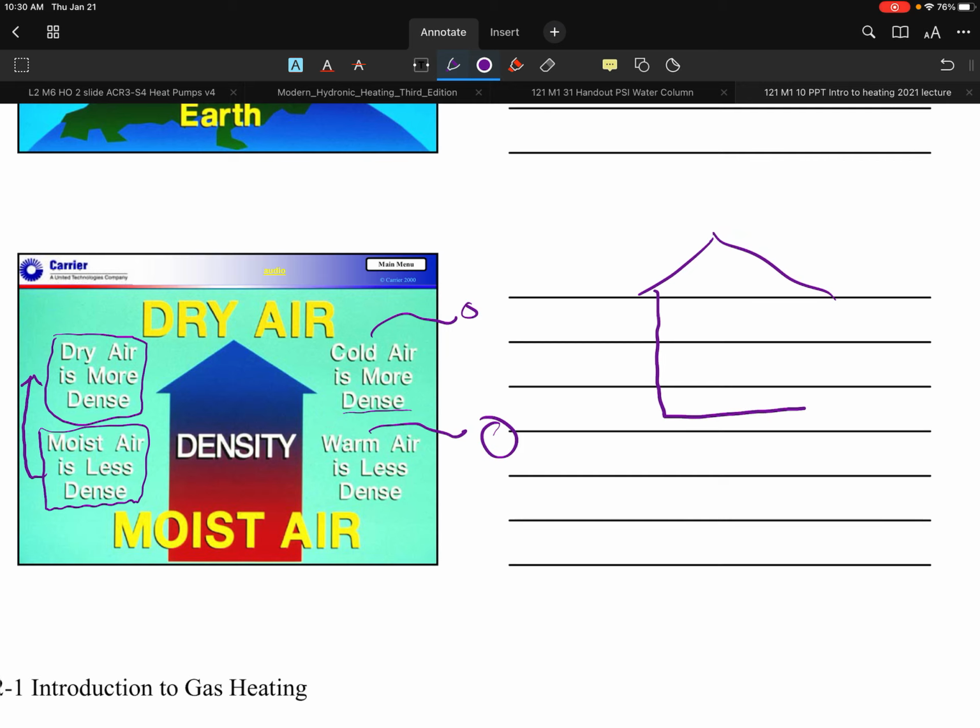I've seen this evident in applications where somebody has a ceiling in their house, which is pretty typical. The question becomes, where does the moisture go? Why are vapor barriers and things like that so important?